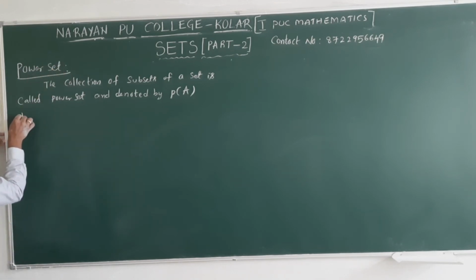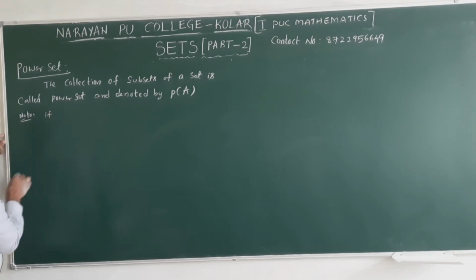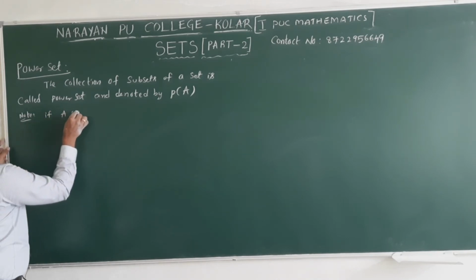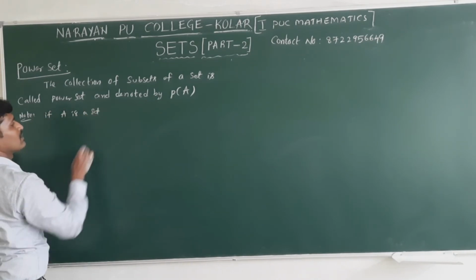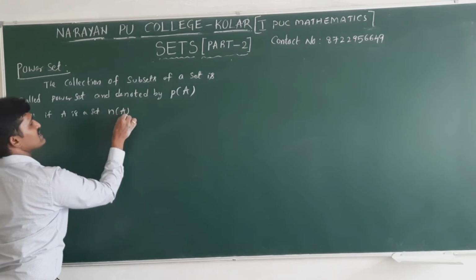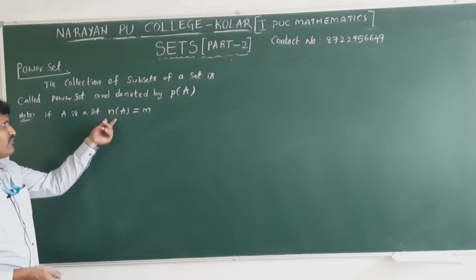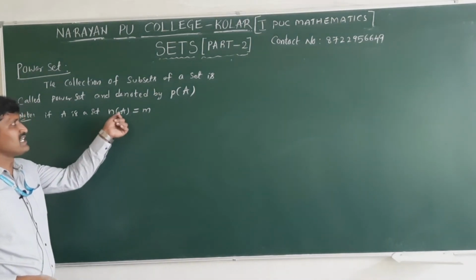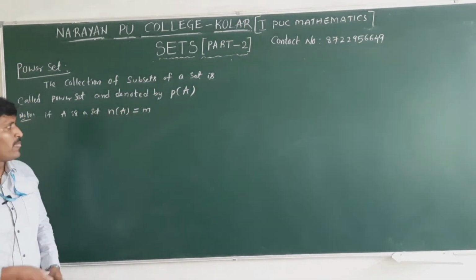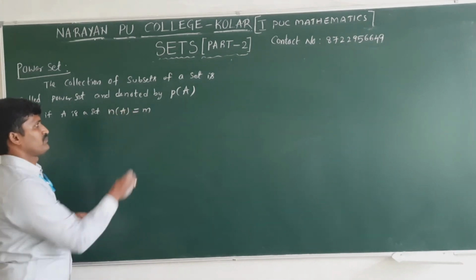Now, a note you need to remember: if A is a set, the number of elements in the set I am taking as some m. n of A means the number of elements in a set. So n of A is m.